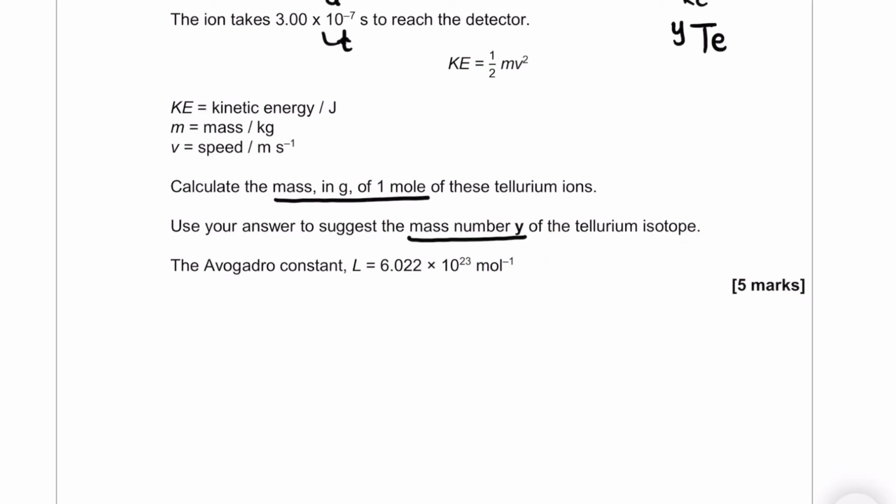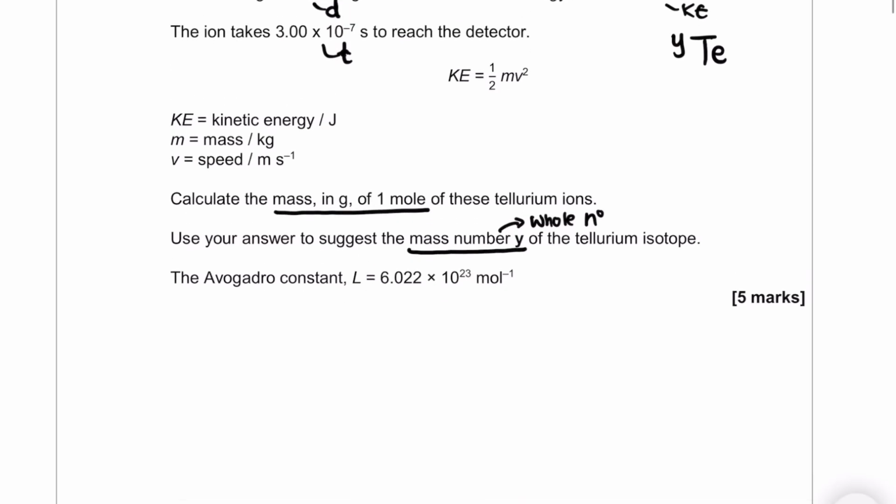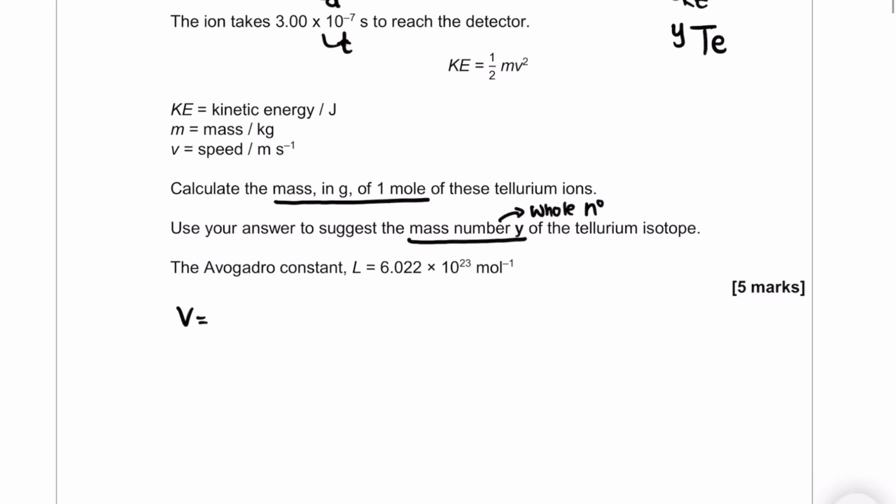So the mass in grams of 1 mole will just be whatever our calculator says. A mass number needs to be a whole number of protons plus neutrons. So first thing that we can do, we've got a d and a t. Let's work out what velocity is. So distance divided by time on your calculator.